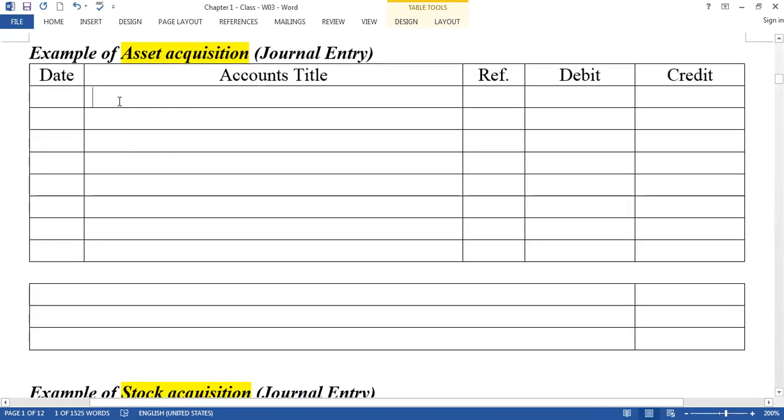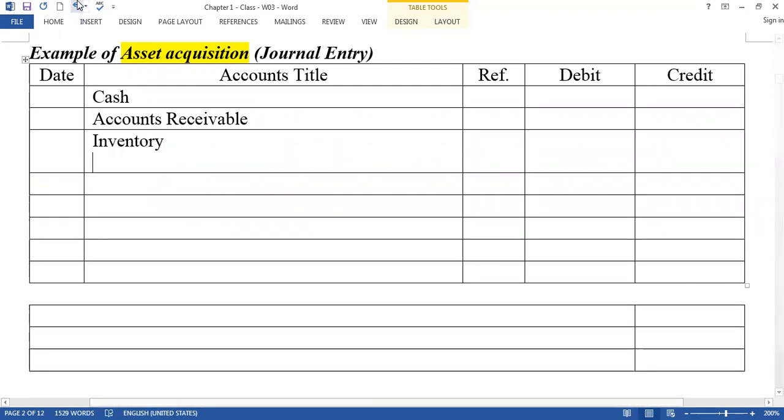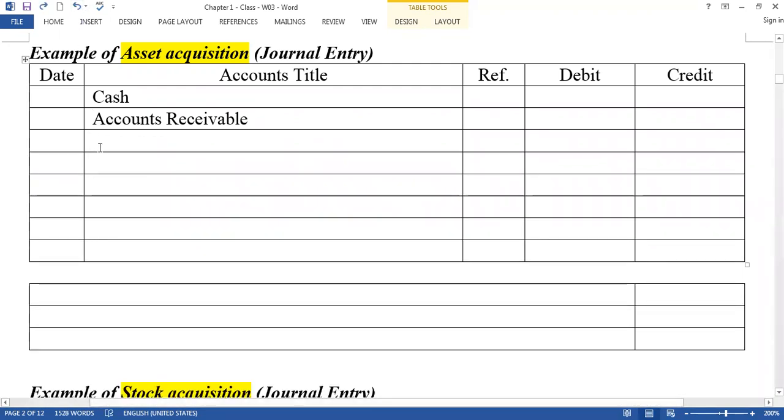So you buy my company's assets, which means you buy my company's cash. You can buy my company's accounts receivable, my company's inventory, my company's supplies.